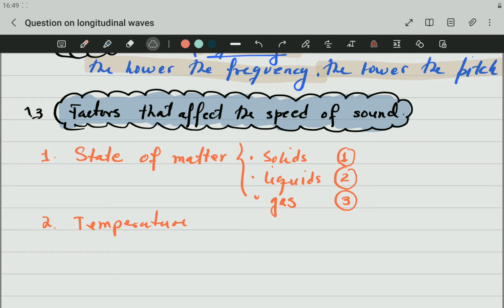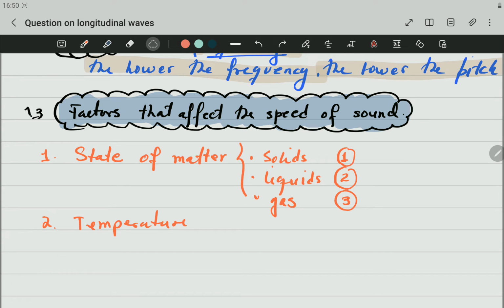So, for instance, the speed of sound, which is a longitudinal wave, will move faster in hot temperatures than in cold temperatures. So temperature is the second factor that affects the speed of sound. The higher the temperature, the faster the sound will propagate.